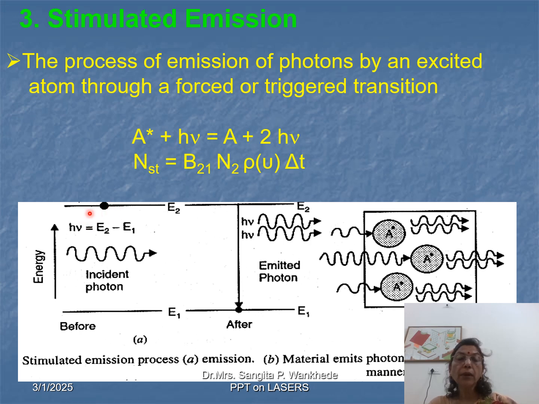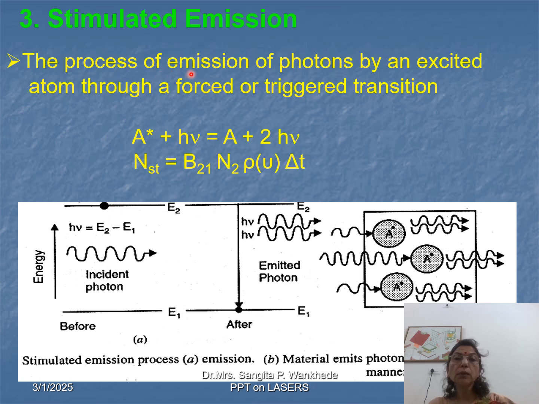When the external photon interacts with the atom in the excited state, it comes down to the ground state, and the interacting photon and the emitted photon both travel in the same direction. Because the atom is already excited, it will not absorb the photon.